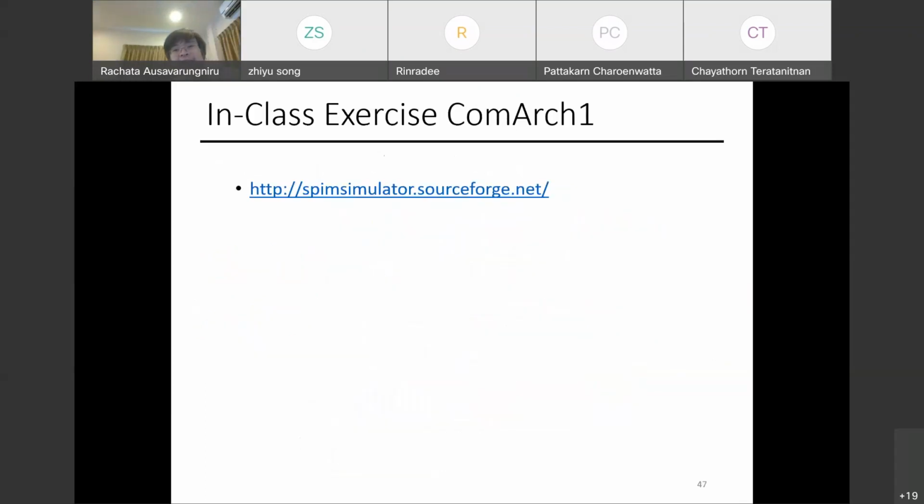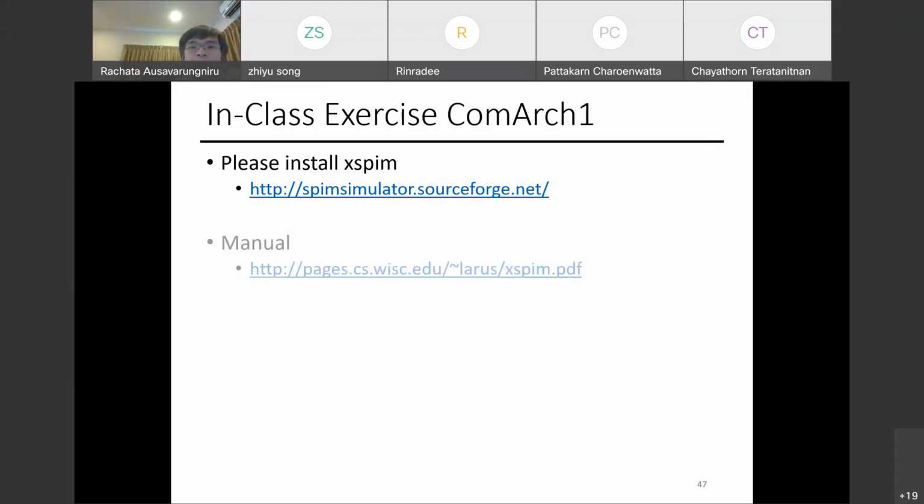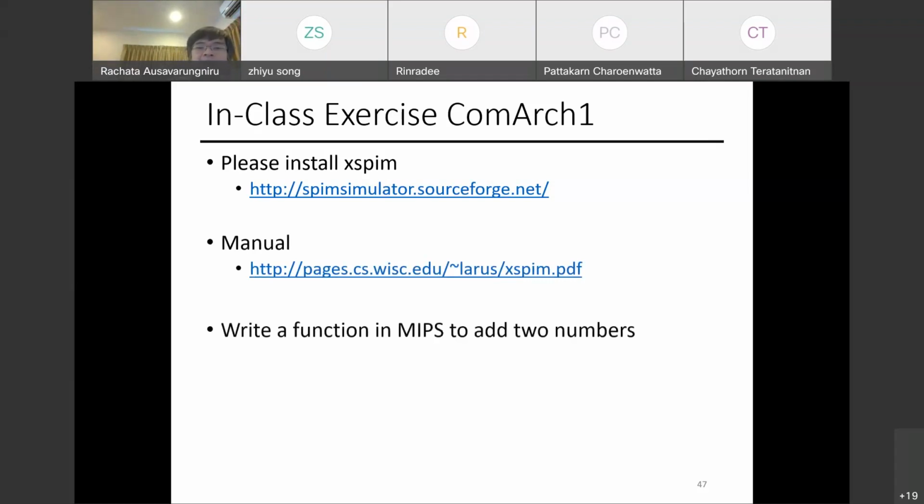So in class exercise 1, please install this simulator. Because you can't copy the link from here, please go to the assignments, you see in-class exercise, I think 18. It would basically ask you to go and install this. There's a manual here. And basically the task is write a function that adds two numbers. Simple, really simple.